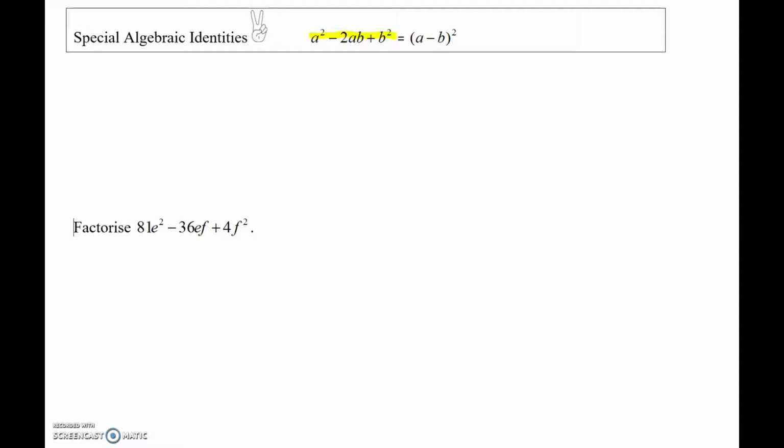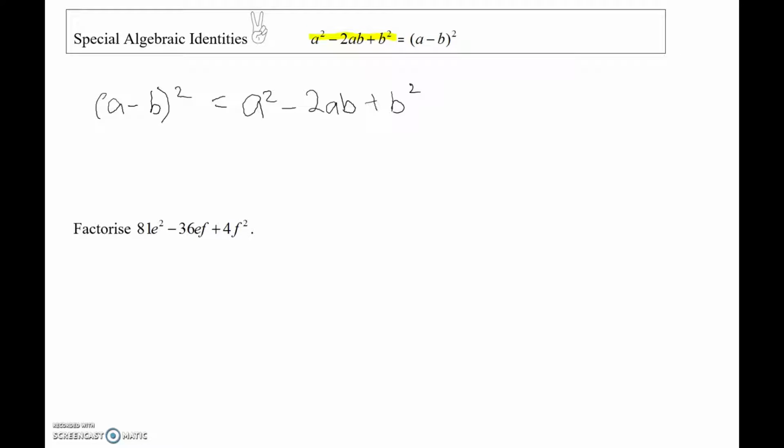Previously, we have learned that the second algebraic identity is (a minus b) whole square equals a square minus 2ab plus b square. The process of simplifying the left to right is called expansion.